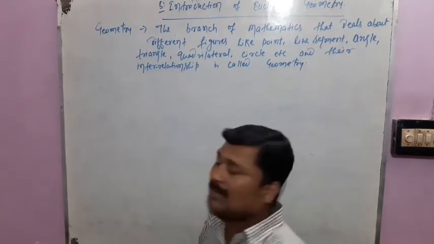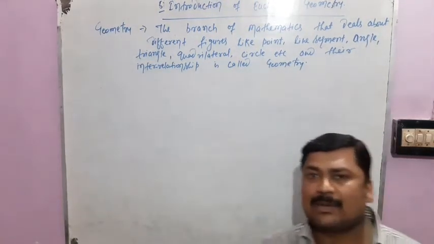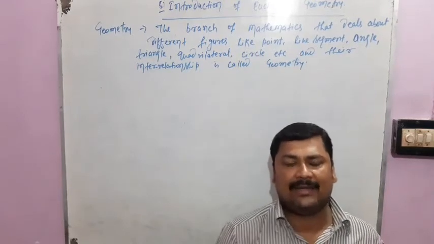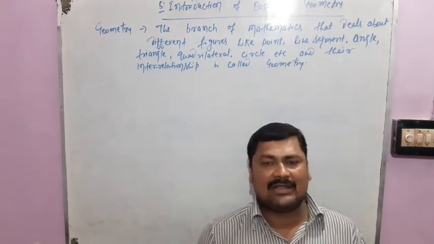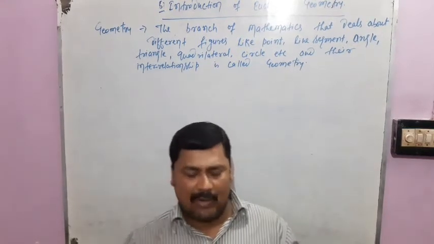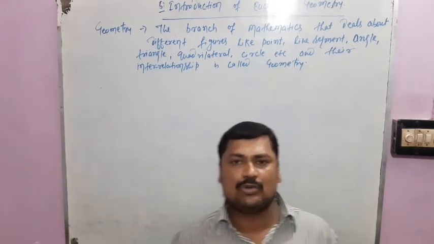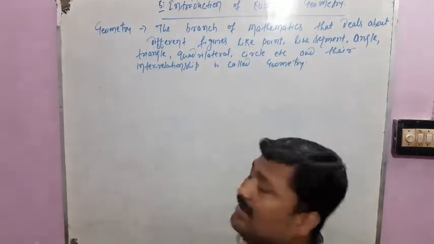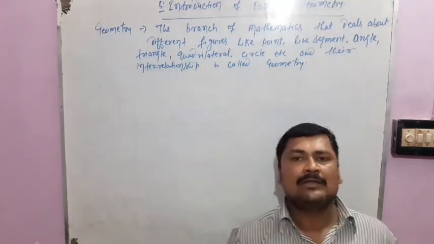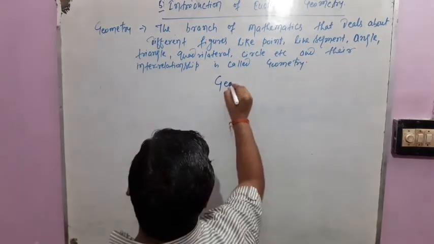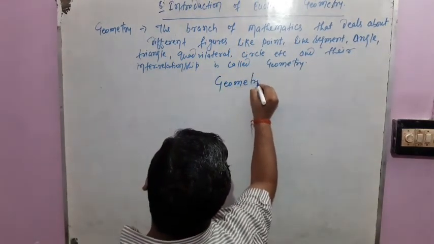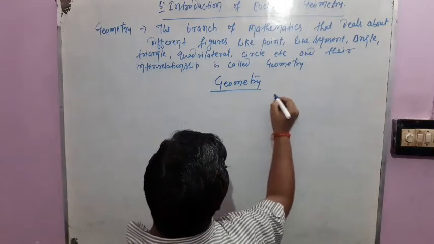Okay, students, the branch of mathematics that deals about different figures like point, line segment, angle, triangle, quadrilateral, circle, etc. and their interrelationship, what is the relationship between them, is known as geometry. Actually, students, geometry is made from Greek words.